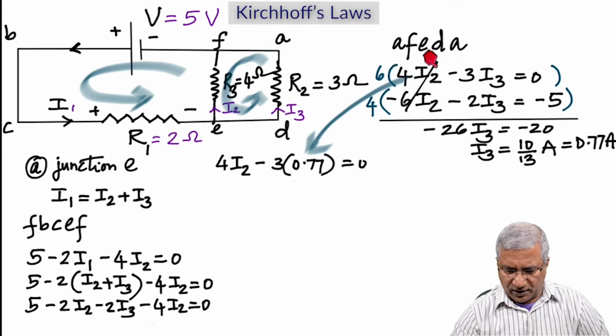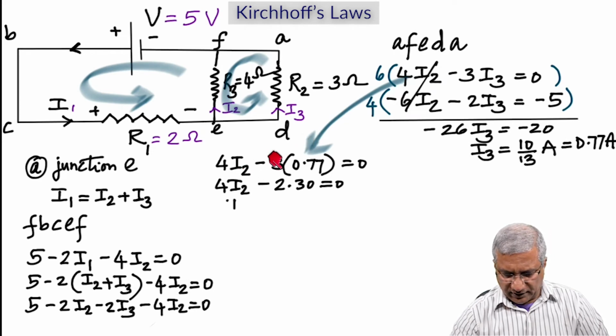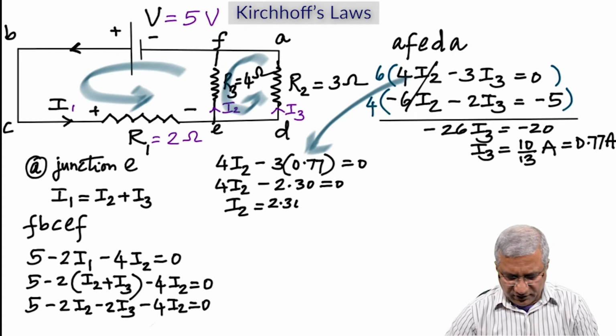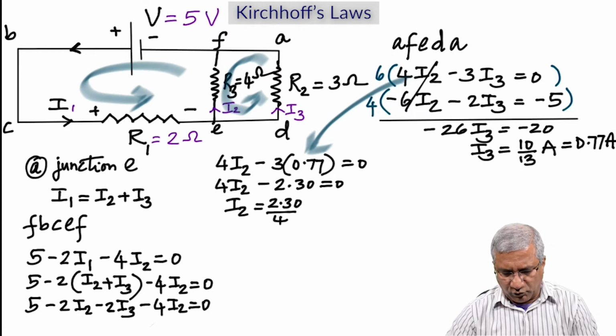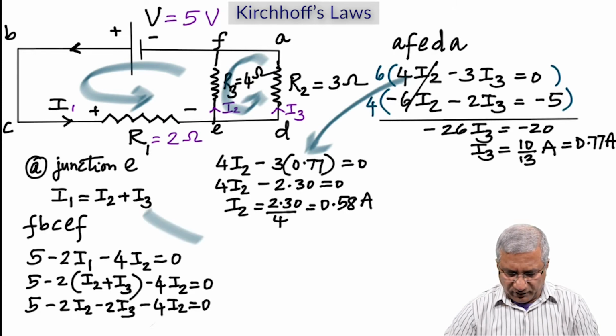And then what I do is I substitute the value of I3 into this equation. So 4 I2 minus 3 I3. Instead of I3, I have 0.77 is equal to 0. And then multiply that, you get that number, rearrange, and you get I2 is 2.30 by 4. Yes, that gives 0.58 ampere.